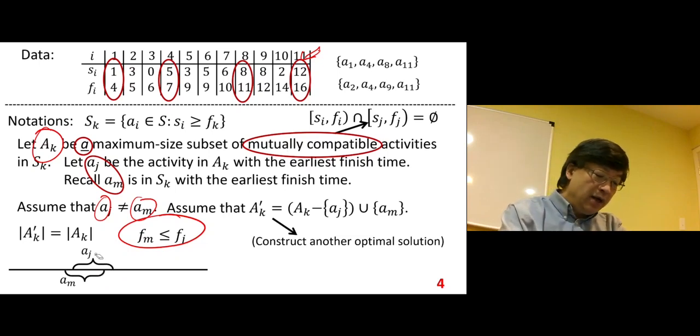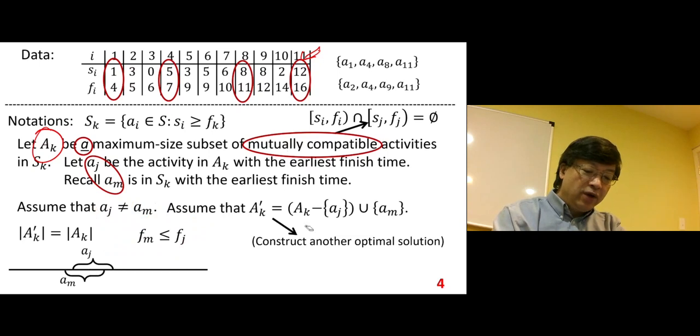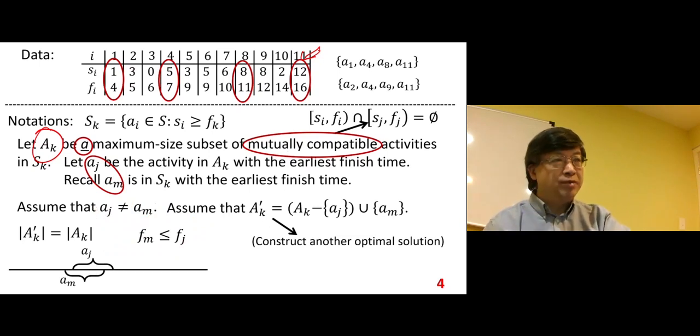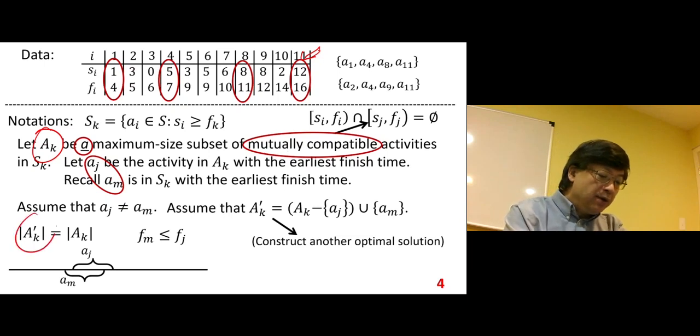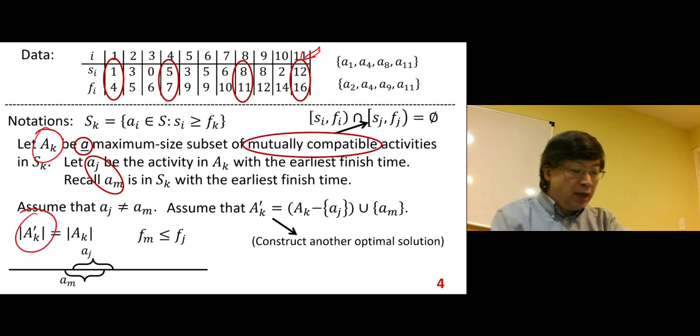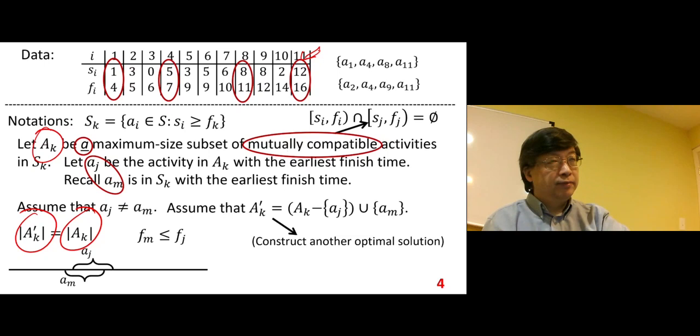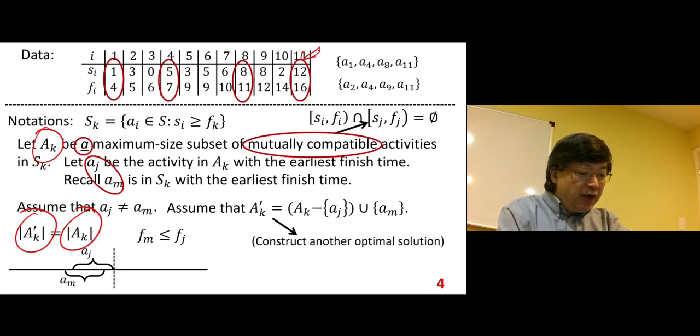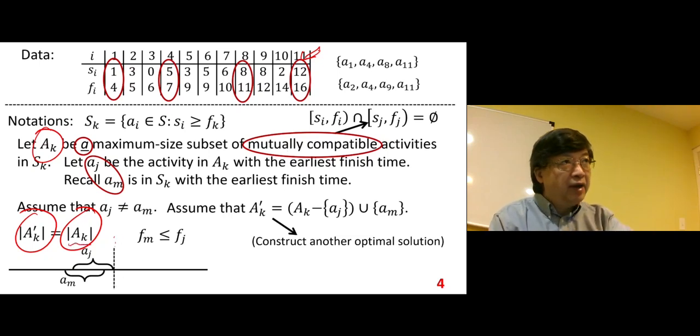Then we want to look at the remaining activities in those two subsets, capital A prime K and capital A K. So first we draw this line. In capital A K, all the remaining activities are mutually compatible, right?